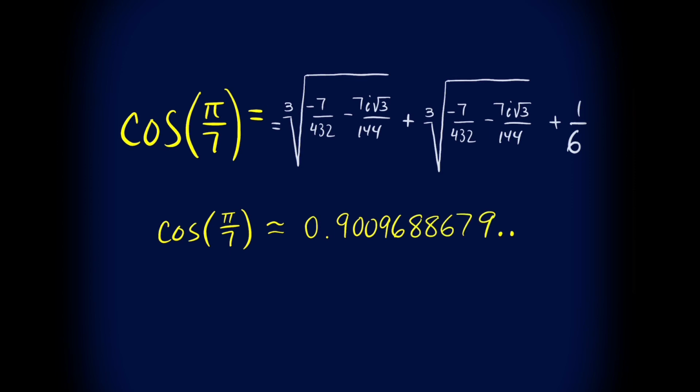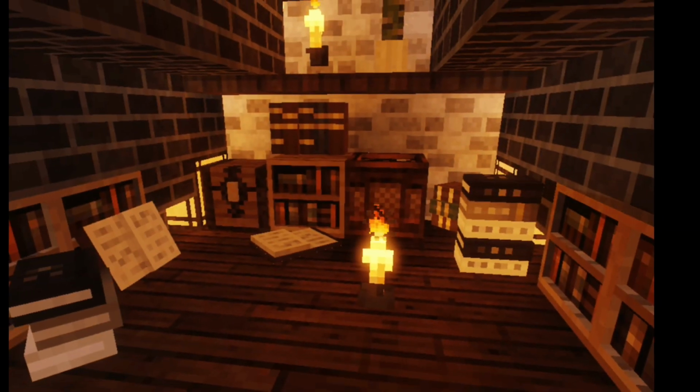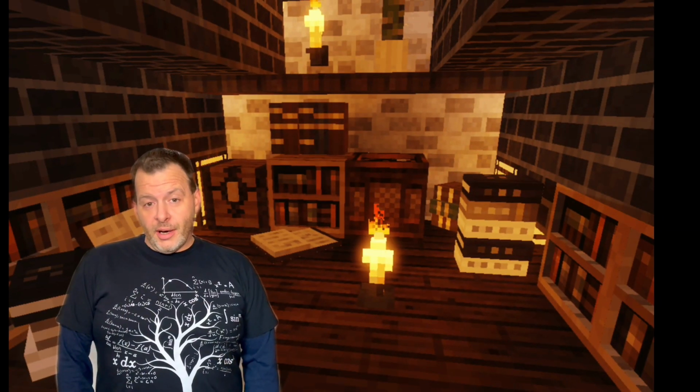This is actually one of the first ways that people discovered complex numbers, was finding this number in the solution to cubic equations. That's pretty amazing. The cosine of something cubic. That was pretty cool, right?